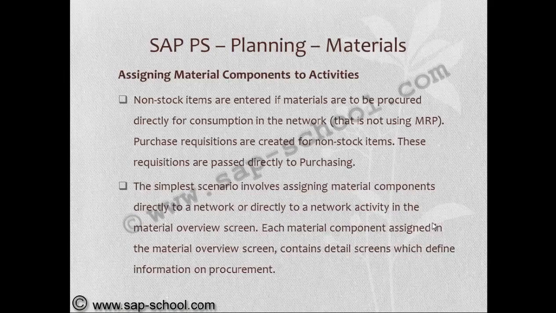The simplest scenario involves assigning material components directly to a network or directly to a network activity in the material overview screen. Each material component assigned in the material overview screen contains detail screens which define information on procurement.